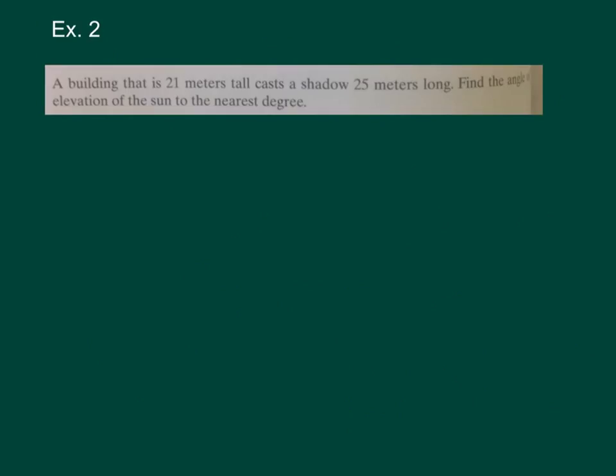Example 2. A building that is 21 meters casts a shadow 25 meters long. Here's my building. Here's the sun.